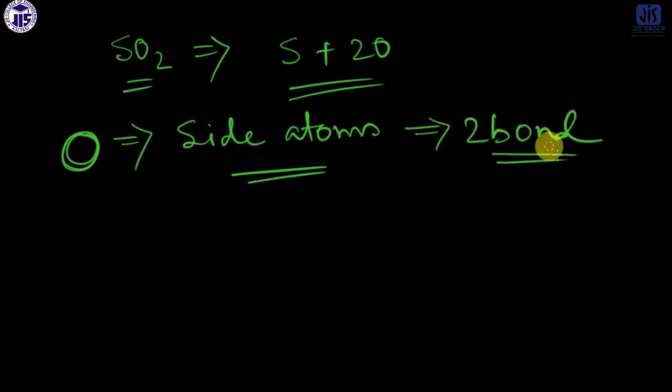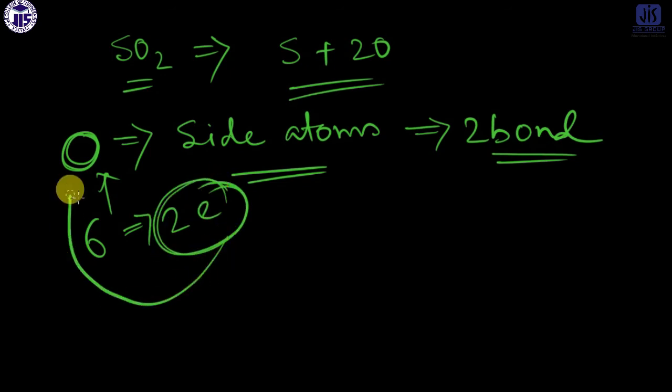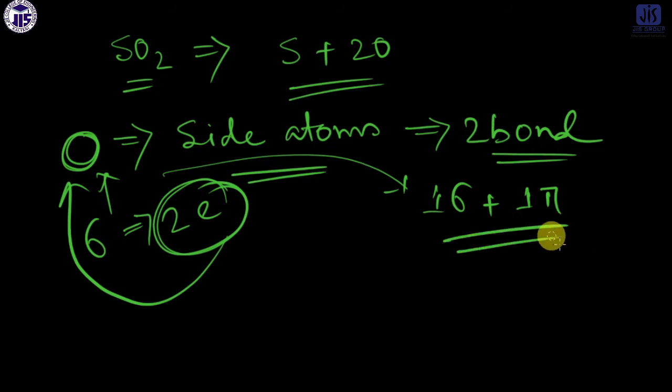Because oxygen has 6 electrons, 2 electrons are required for the inert gas configuration, and that's why oxygen will form one sigma plus one pi bond.